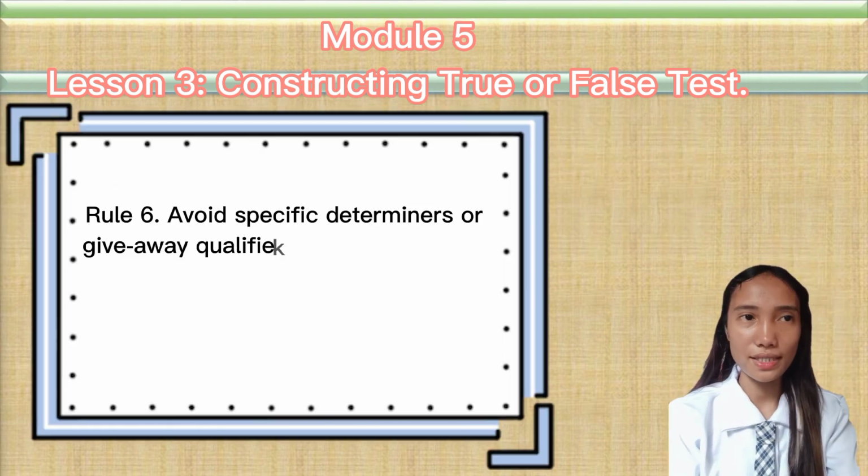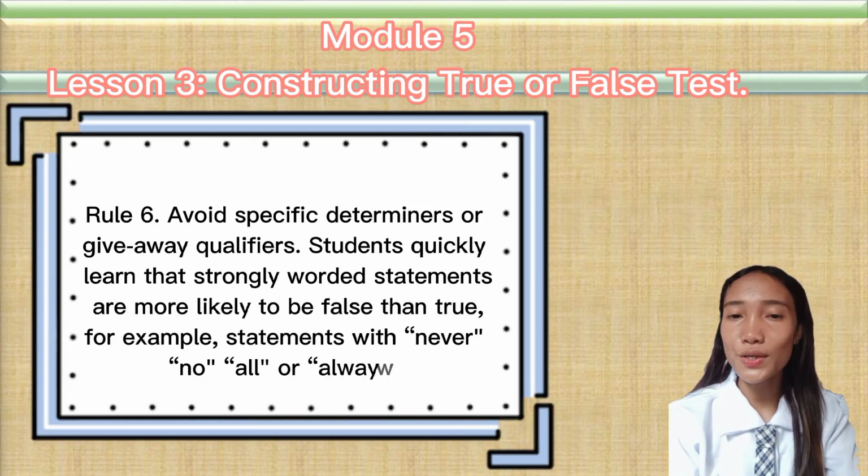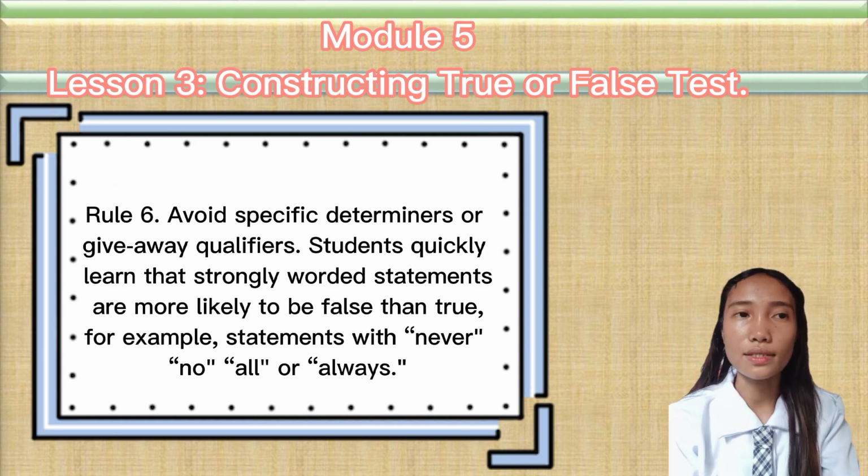Rule number 6. Avoid specific determiners or giveaway qualifiers. Students quickly learn that strongly worded statements are more likely to be false than true if the statements use never, no, all, or always.